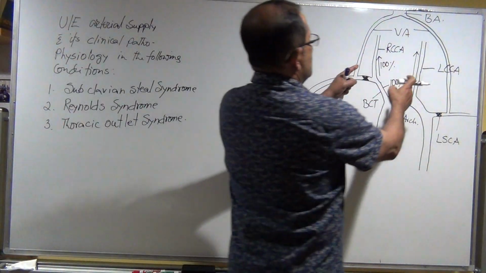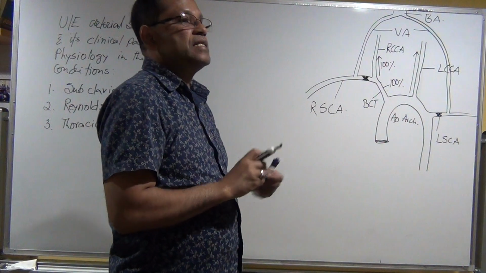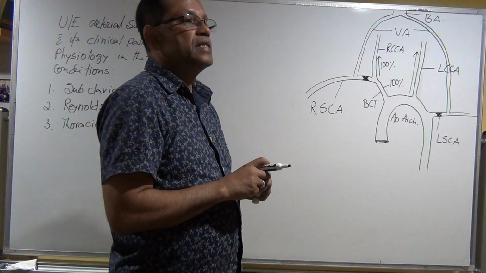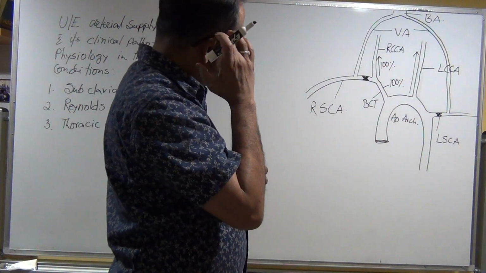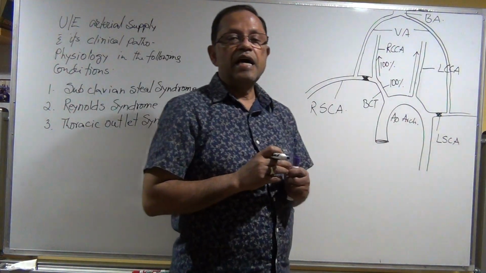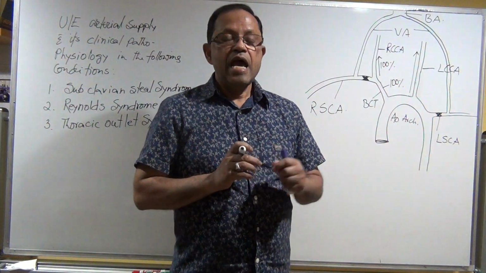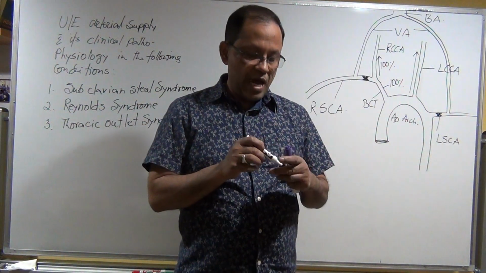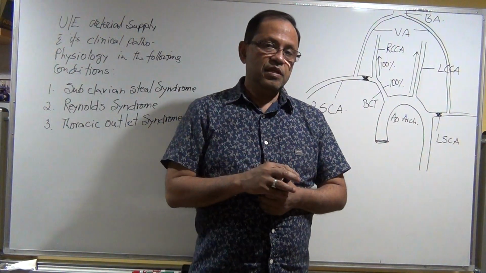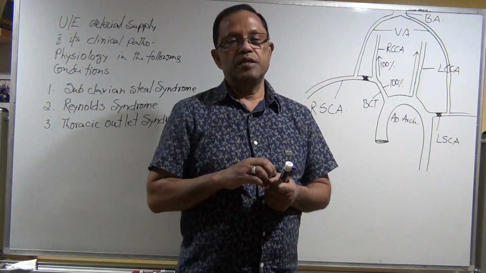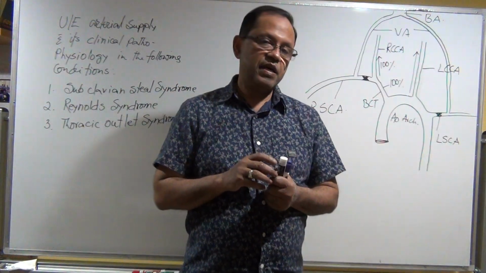And this common carotid artery has the external carotid artery and the internal carotid artery. The internal carotid artery is responsible for the anterior 2/3 of the brain blood supply.